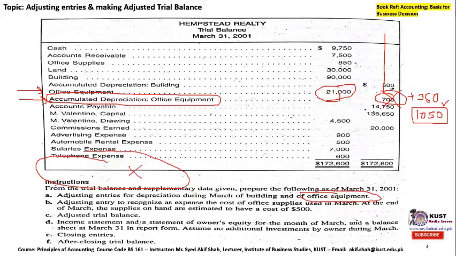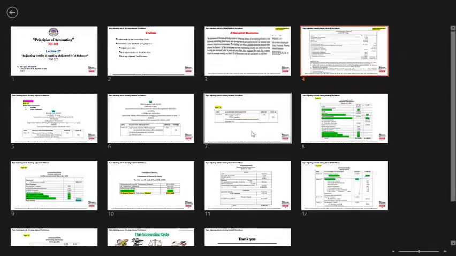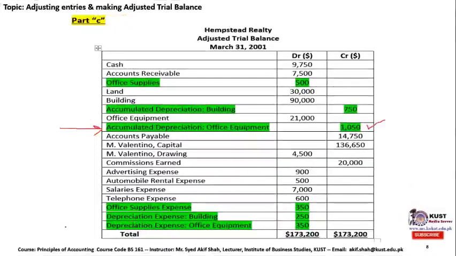This is why we have to generate an additional title with the name of depreciation expense office equipment. You can see that we have generated an additional title, and as its value was in the debit column in the adjusting entry in part A, this is why we have written its value in the debit column under the adjusted trial balance.